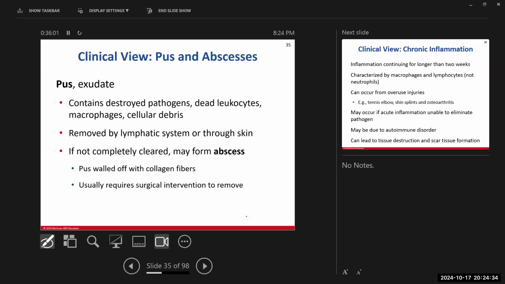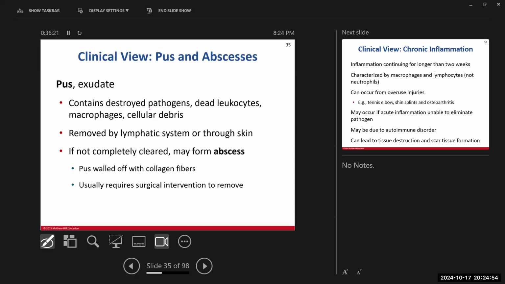All right. So this comes with what you were asking about abscesses. Let me go through and talk about what pus is. This is kind of what I was talking about. When you have a battle, which is an infection, there's going to be casualties.